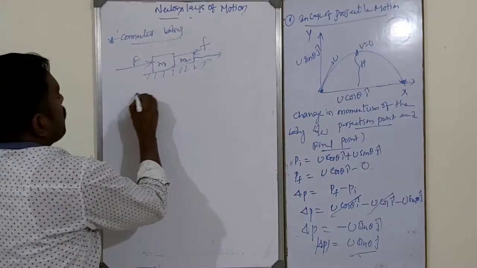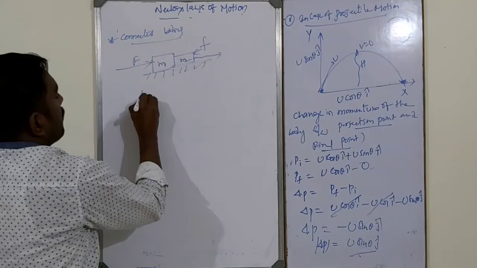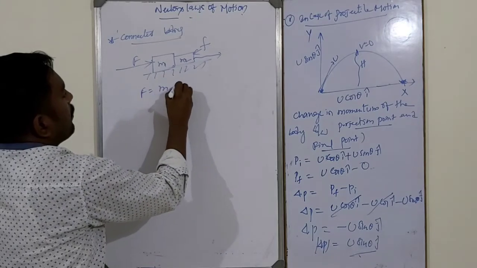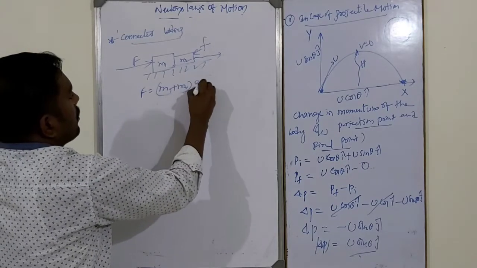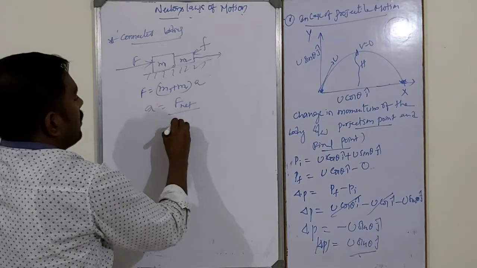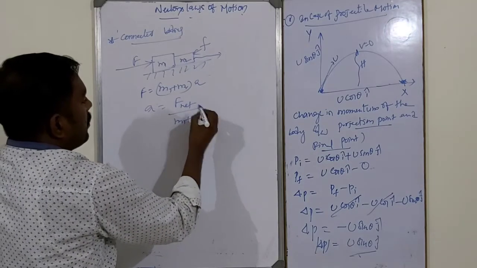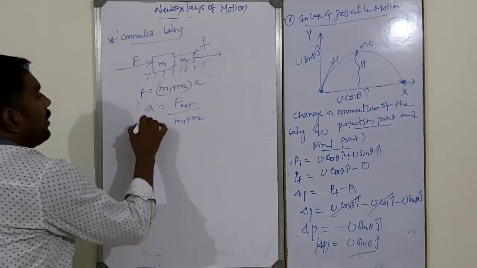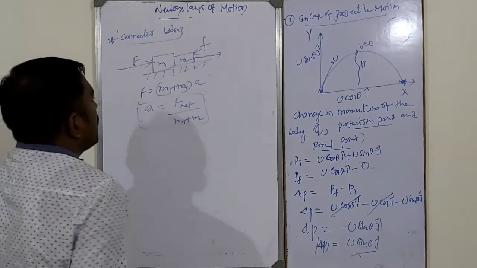What is the net acceleration of the system? F is equal to m1 plus m2 into a, so a is equal to F net by m1 plus m2. This is the acceleration of the system.